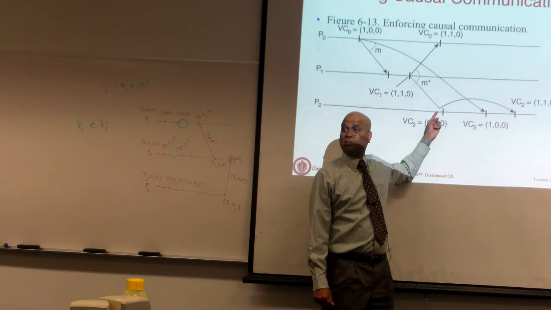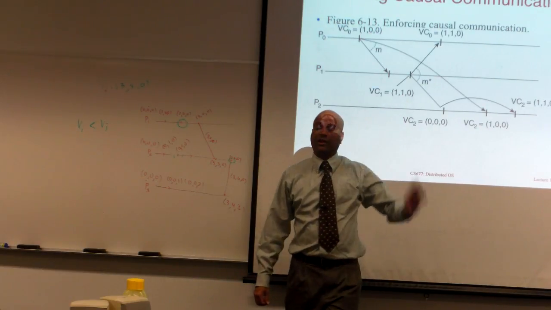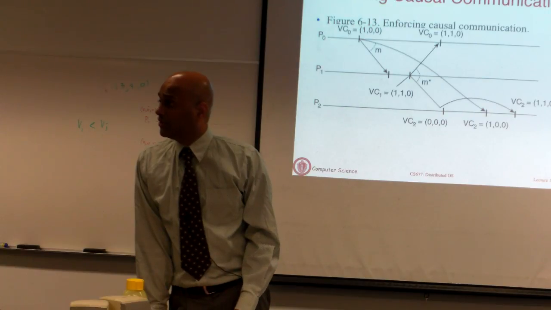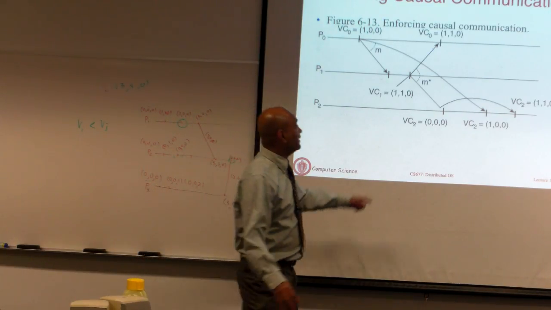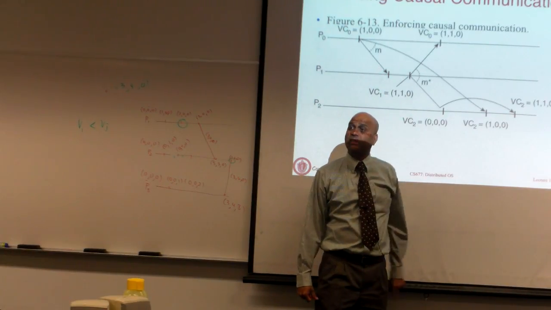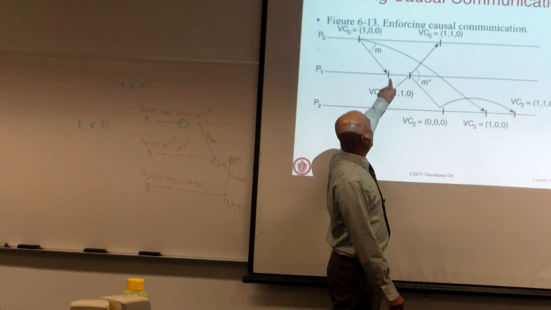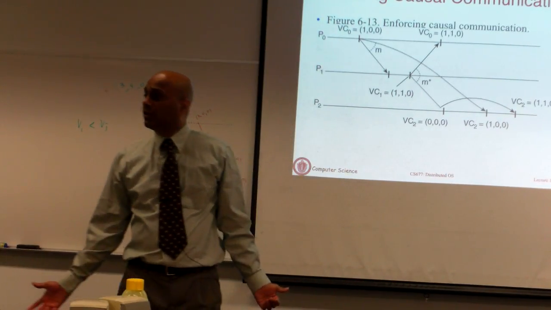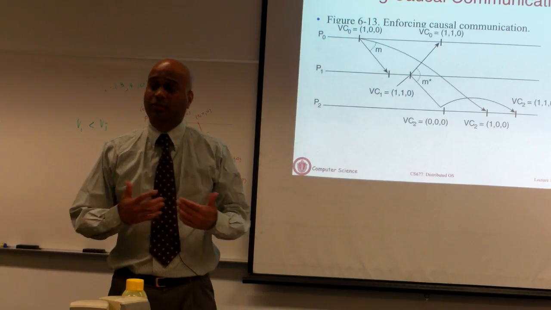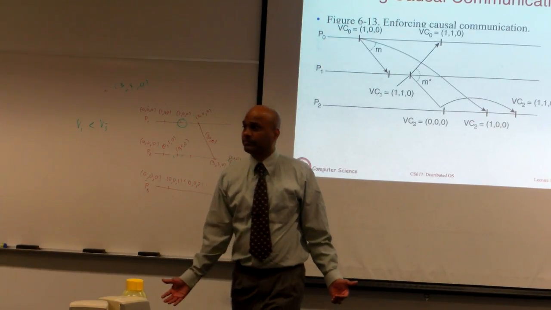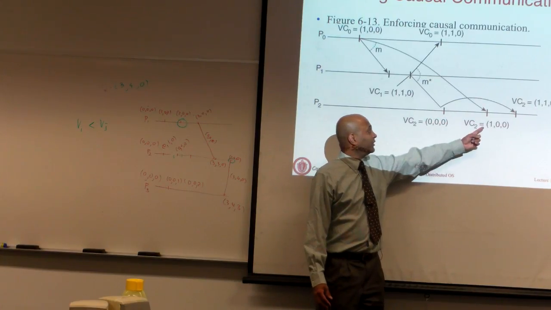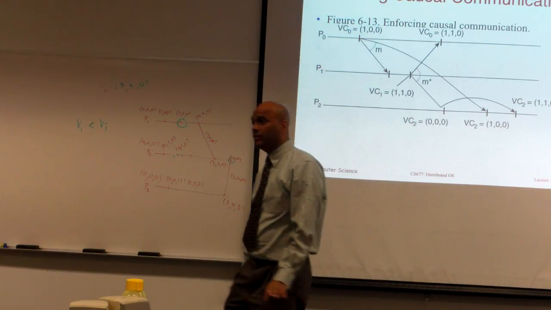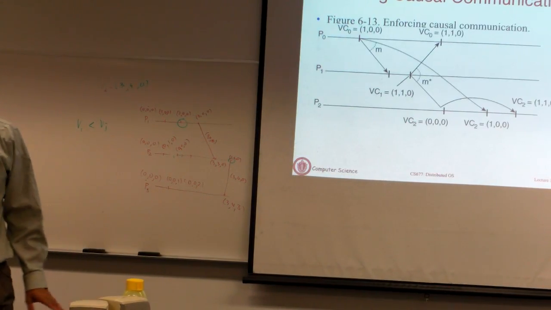Because this is the first message I received, and this vector clock tells me that P1 has already received a message that is yet to be received here, because it's a multicast message. Every process needs to receive it. So you can safely say, let's buffer this message, wait for the message from P0 to arrive first, because if P1 has received it before this message, this process also has to receive it, otherwise you will violate the in-order delivery property, because you are delivering messages in the same order everywhere. So then you wait for that message to arrive, so then this becomes 1, 1, 0 and then you increment the clock. Okay? So that's essentially what's going on in this case.